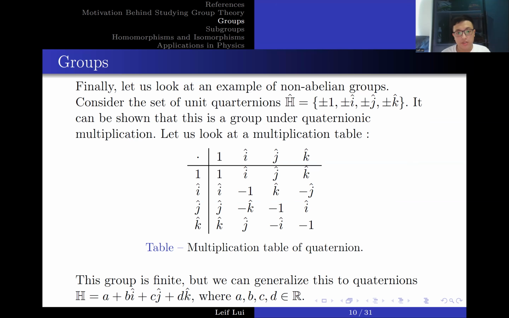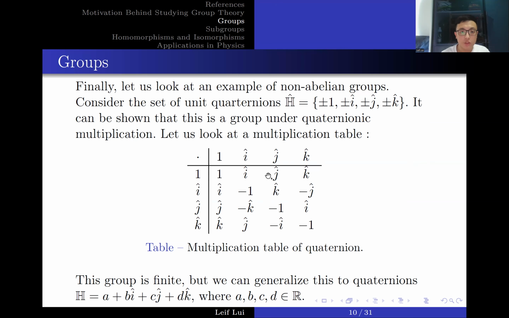The next one we have to check is associativity. A well-known result is that i squared is -1, j squared is -1, k squared is -1, and ijk is -1. Let's do the ijk case. There should be no difference between operating ij first and jk first.